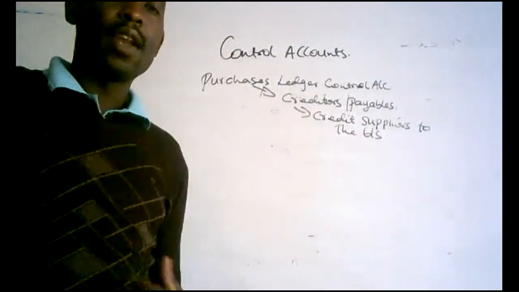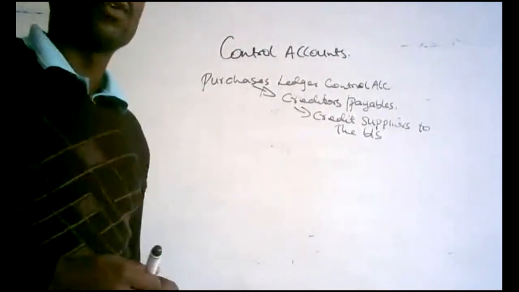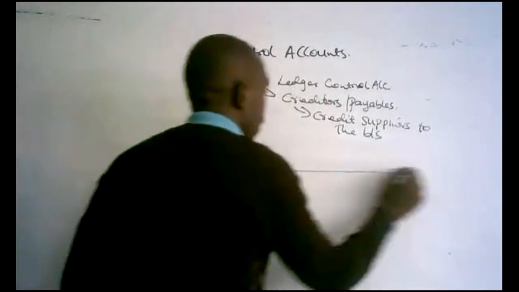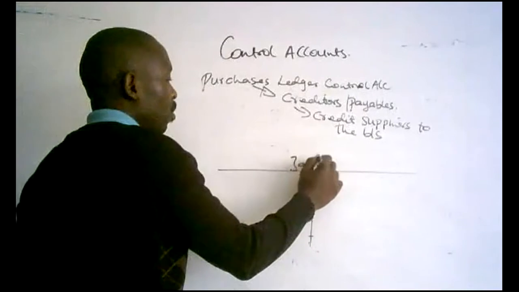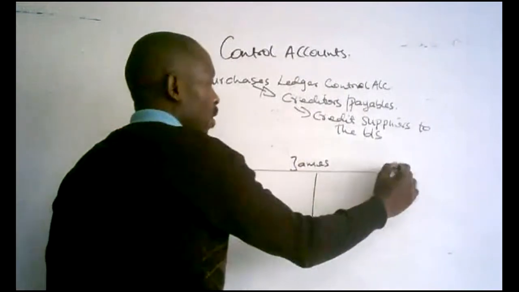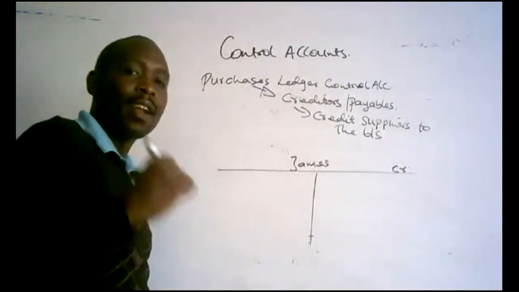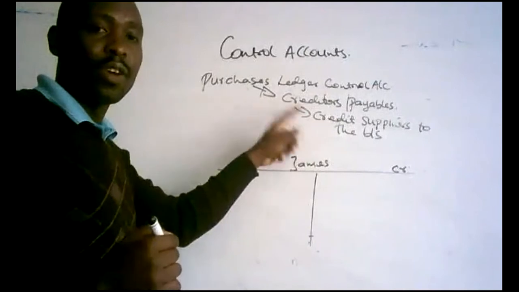What you need to understand here is that whenever we purchase goods on credit from a supplier, we normally open the account for that particular supplier. Maybe it is James, and we credit the account. Remember, creditors are normally credited, and they arise as a result of credit purchases.